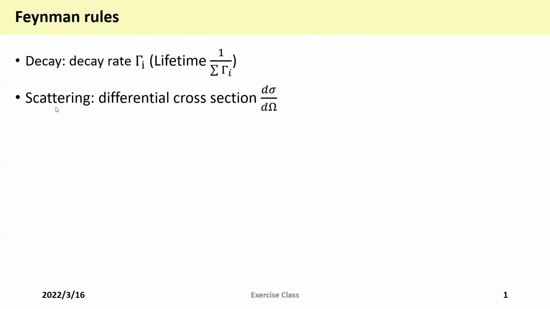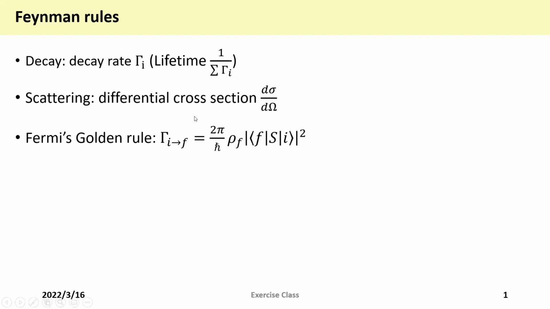And for a scattering process, we want to find the differential cross sections, which basically means how the outgoing particles distribute in a spherical surface. So to find these two quantities, we use the so-called Fermi golden rule.